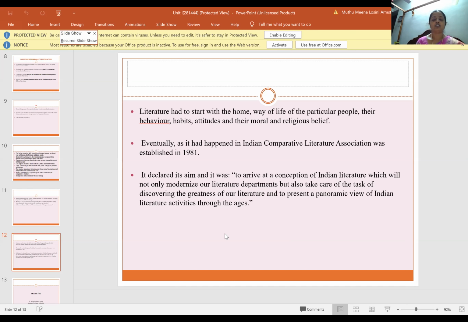It shatters the boundary line of Indian writing in English, and it gives us hope to look into other literature too. By comparing our literature with other countries' literature, we came to know of their culture, their tradition, their behavior, their social setup, and everything that enlarged our perception of the world.